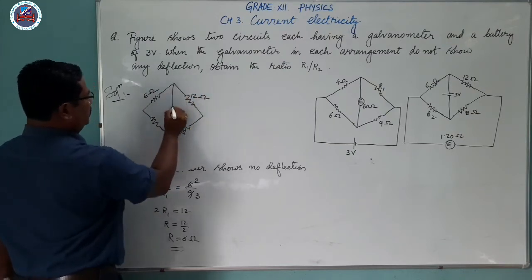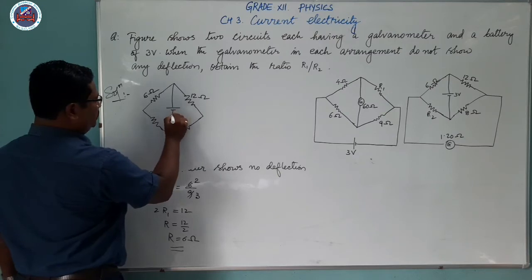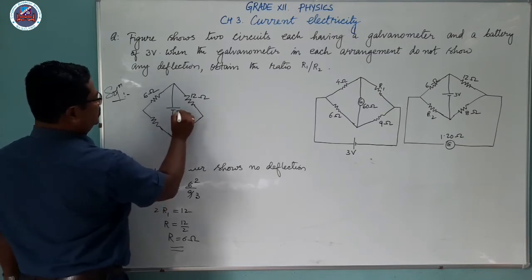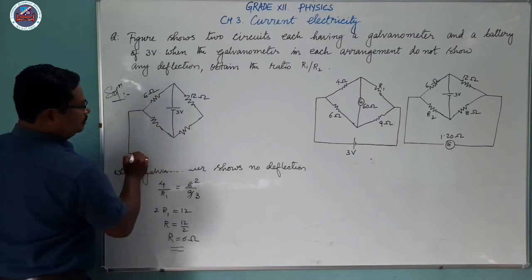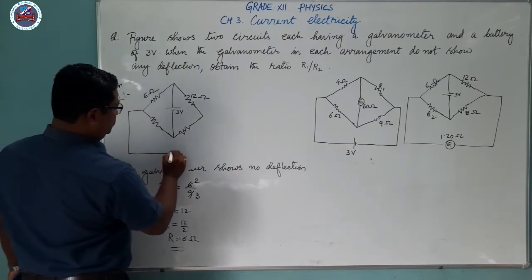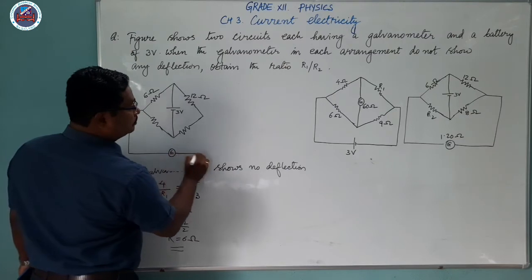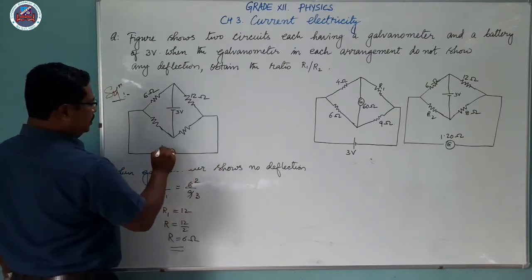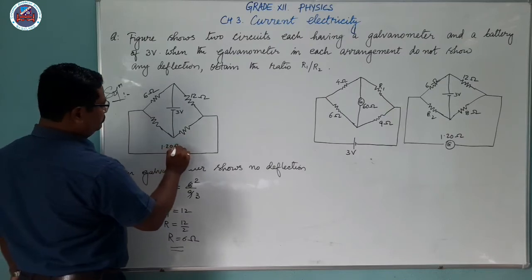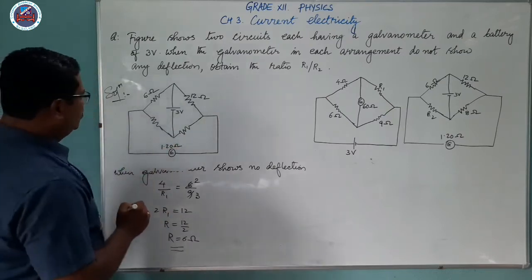There is one battery here. In place of the galvanometer, they have placed one battery. This is 3 volt. Then this is your galvanometer, and the resistance of the galvanometer is given as 1.20 ohm. Like this it is given to you.